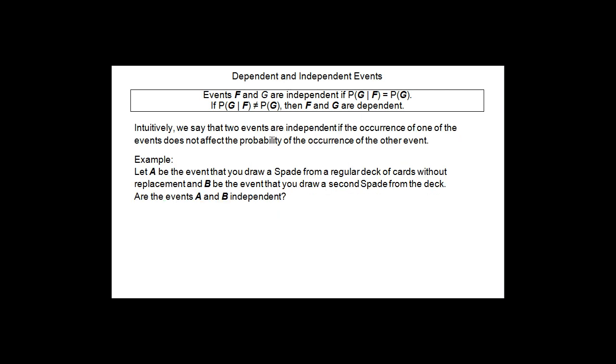Now let's look at another example. This time let A be the event that you draw a spade from a regular deck of cards, without replacement, that's important. And let B be the event that you draw a second spade.